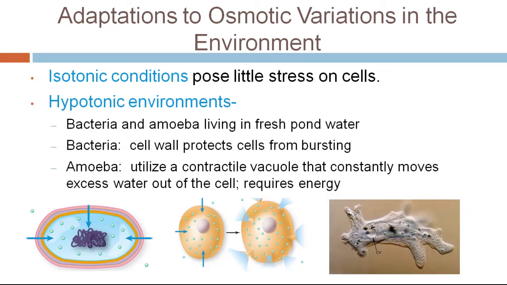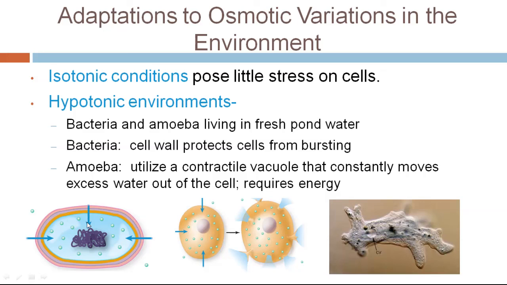So what do you do if you live in one of these environments? We said if you're in isotonic conditions, you're not very stressed out because your water is not leaving you and you're not shriveling up, or water is not coming in and you're not exploding. So any bacteria that live in our bodies are probably happy in their isotonic conditions. If you're a bacteria or amoeba living in fresh water, okay, we said, if you're a bacteria, water's going to flow in, because this is hypotonic on the outside, hypertonic on the inside.